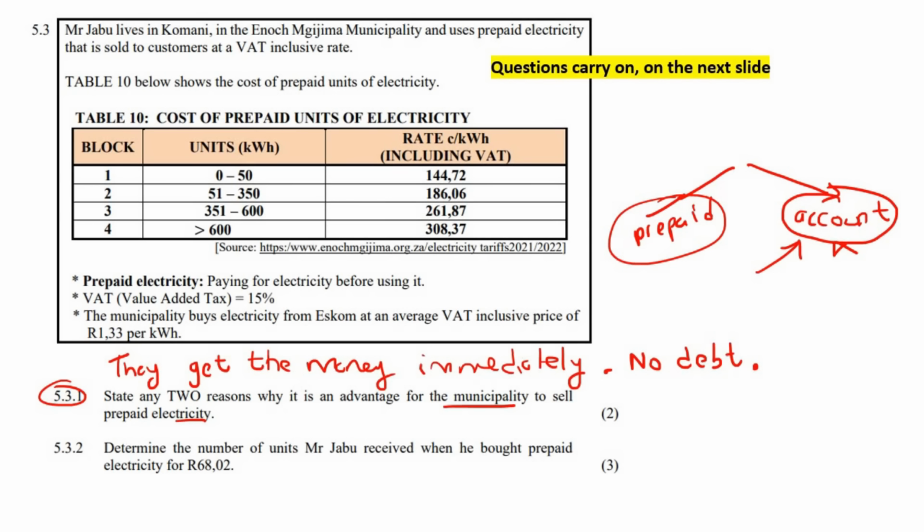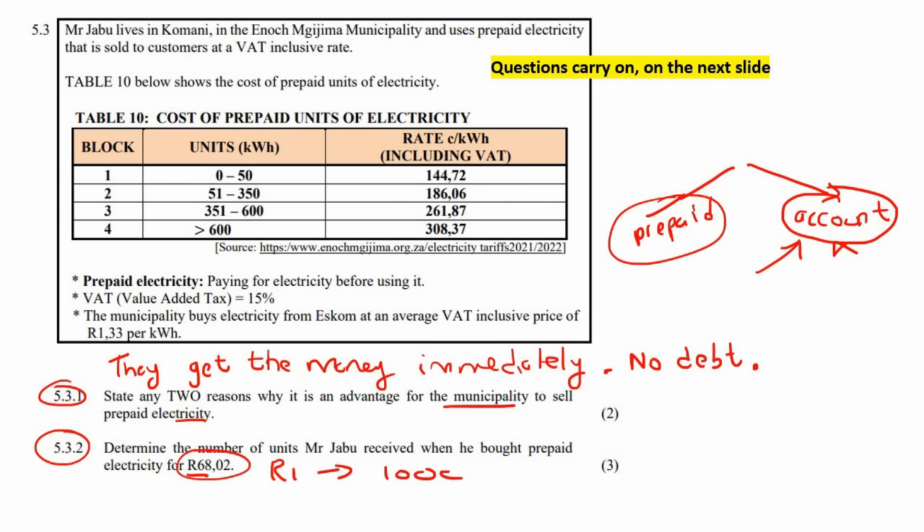Okay, this question says, determine the number of units that Mr. Jabu received when he bought prepaid electricity for 68 Rand and 2 cents. Okay, so what I notice is that this is in Rand, whereas this is in cents. So you got to change it to one, or you got to change one of them. So I'm going to actually change this one over here to cents. So remember that in 1 Rand, it's 100 cents.